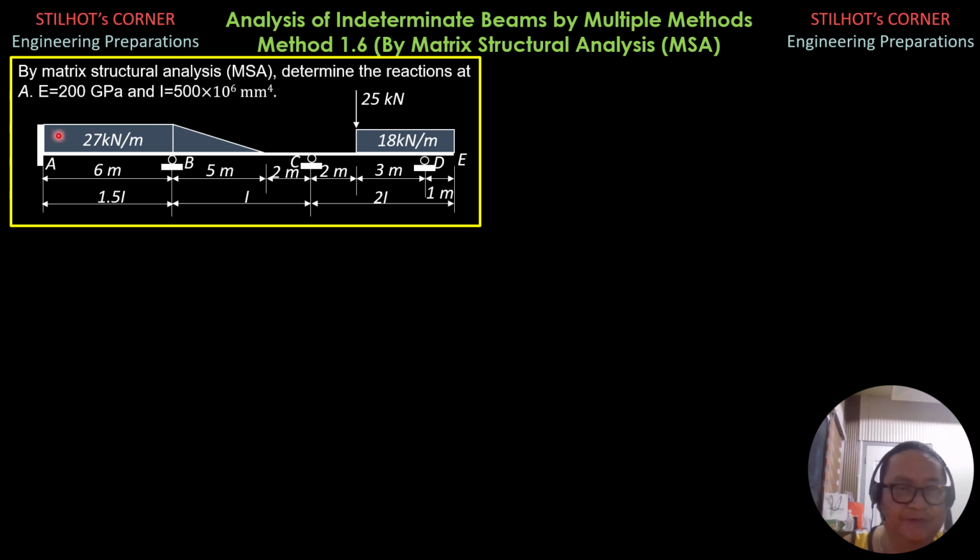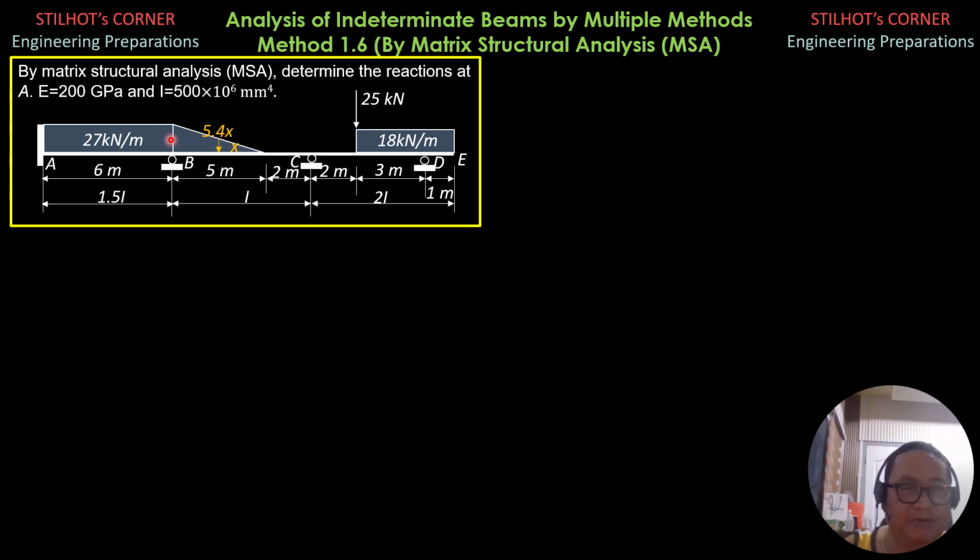So the fixed moment at A is counterclockwise due to the load, 27 times 6 squared over 12. By the way, the intensity of the loading, if this distance is x, is 5.4x.